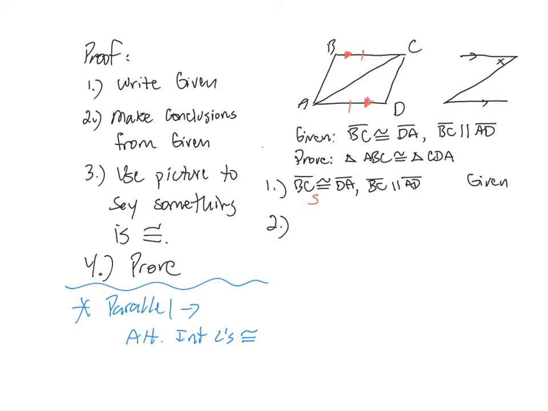So here are my alternate interior angles. Technically there are other angles, but they're not congruent. So what about this one underneath, like the C? Well, that doesn't involve one of the parallel lines. CD isn't parallel and BA is not parallel. So I have to have the parallel lines.